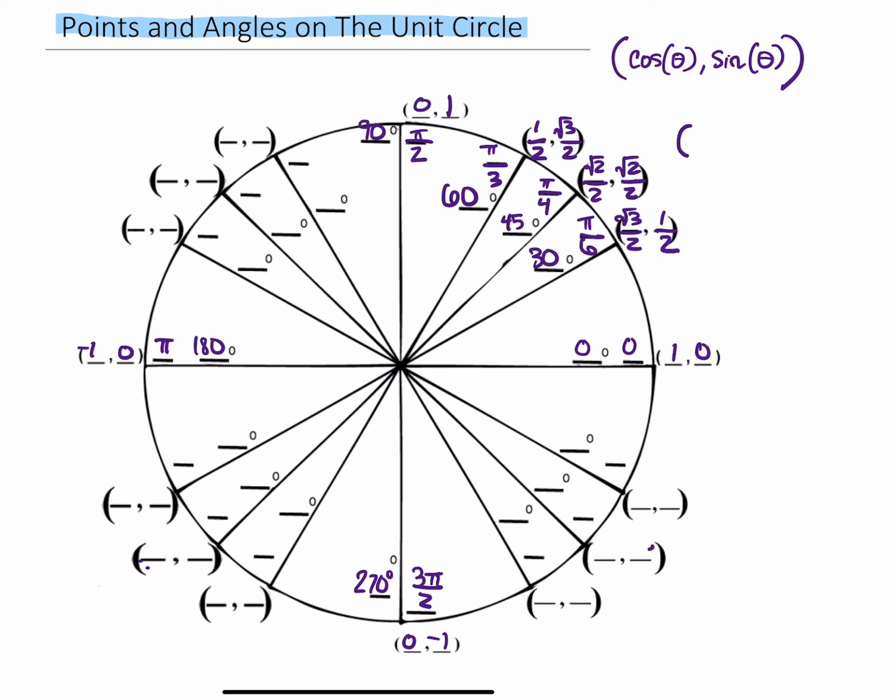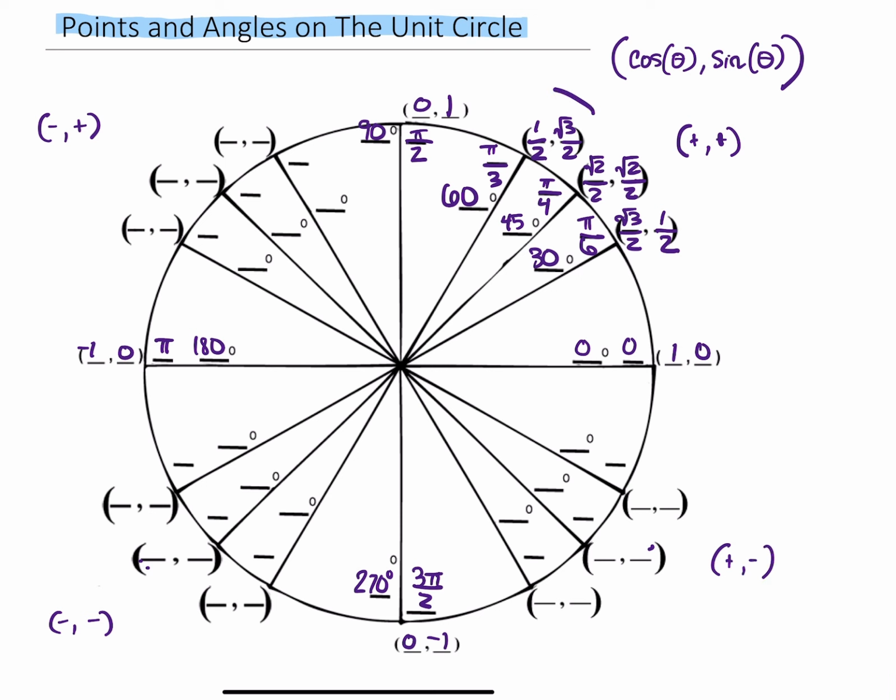In the first quadrant, x is positive, y is positive. In the second quadrant, x is negative, y is positive. In the third quadrant, both x and y are negative. And then in the fourth quadrant, x is positive, y is negative.